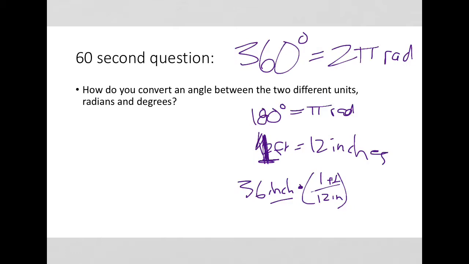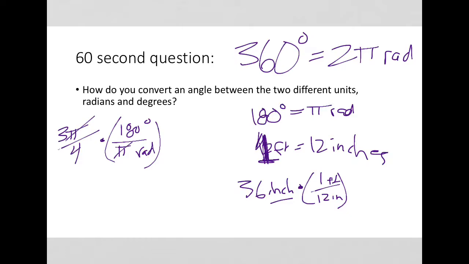Well, it's going to be the same exact thing here for converting between radians and degrees. If I have an angle that is, say, 3 pi over 4 radians, then I need to multiply this by my degrees divided by my radians. And my degrees are 180, and my radians are pi. And so when I multiply this together, notice I have a pi and a pi that cancel.